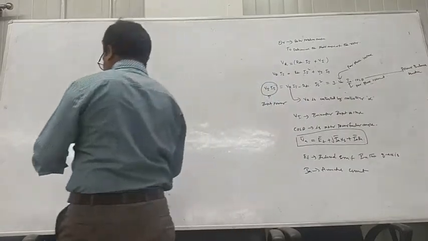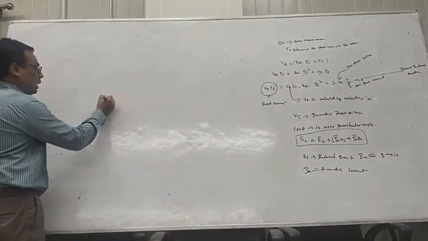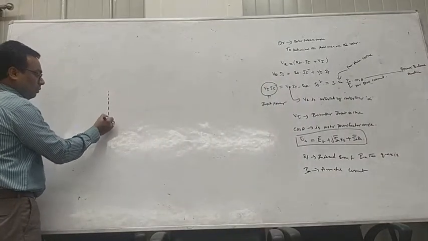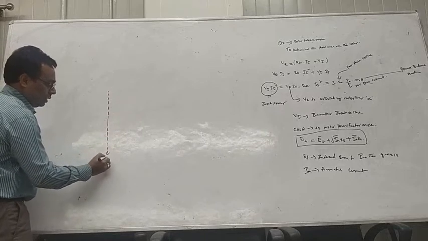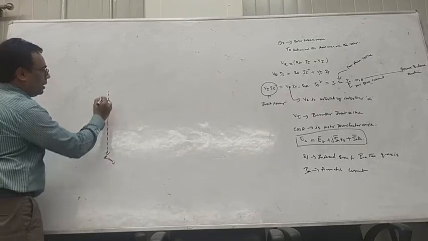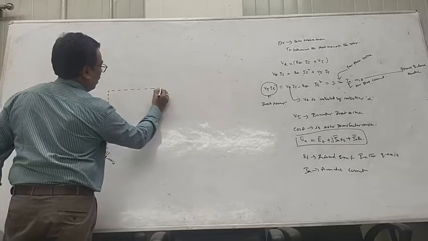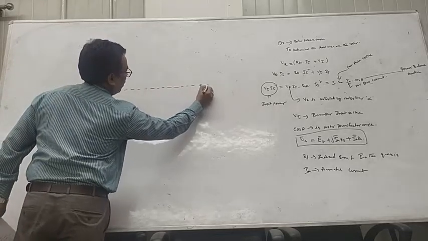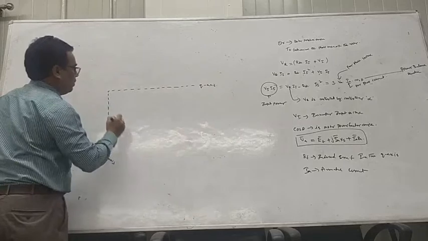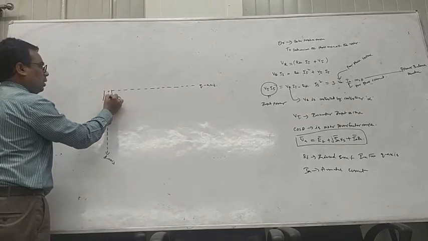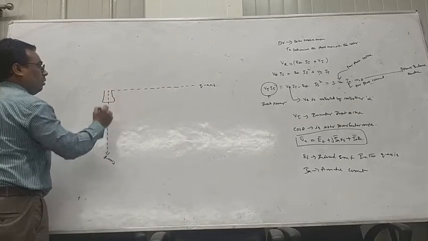So let us consider here: this is the direct axis, this is the D axis, and this is the Q axis, and this is the field winding.